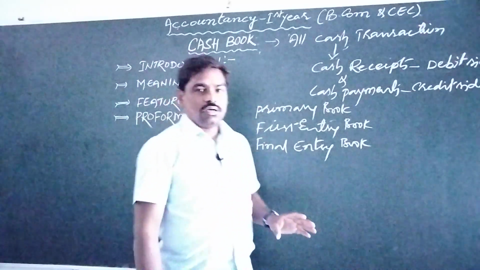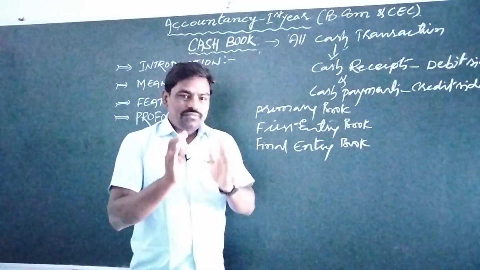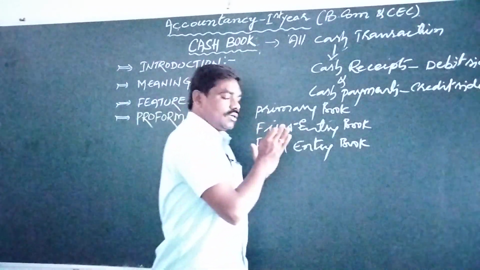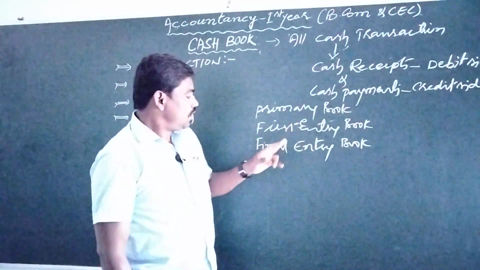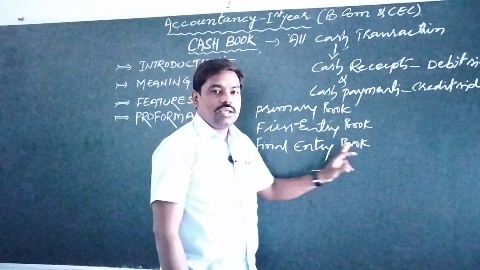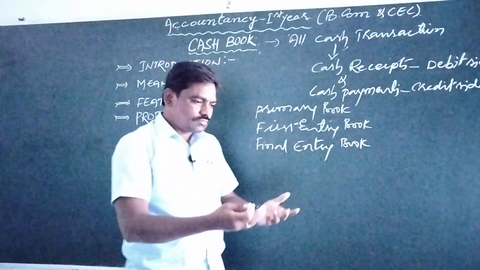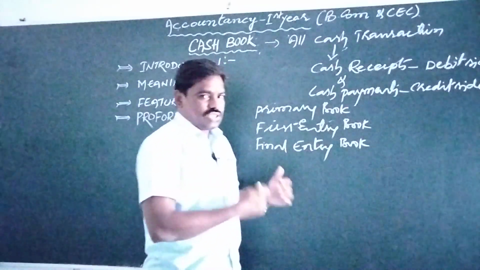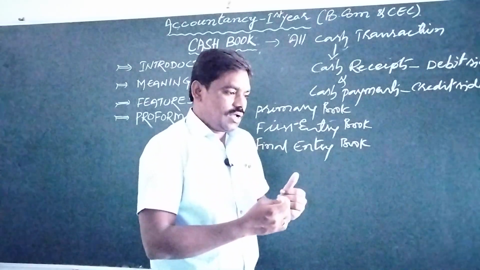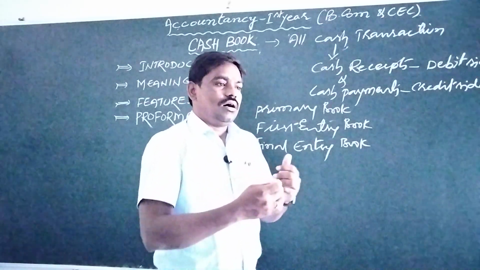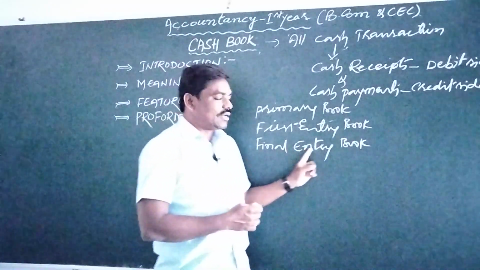So the cash book looks like a ledger account. All features of a ledger account the cash book has, so we call it a final entry book. The cash book is called final entry book because all the transactions that we record in the cash book are ledger postings, entries in the ledger, so it is called final entry book.